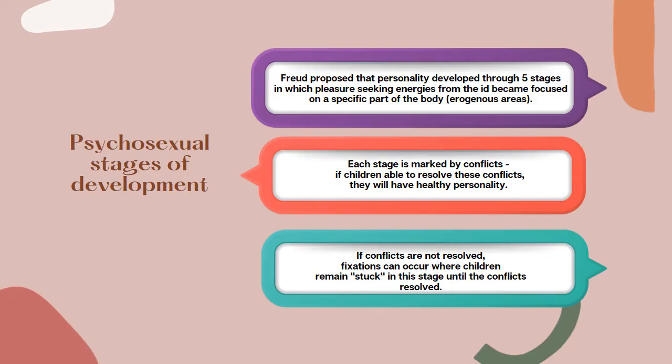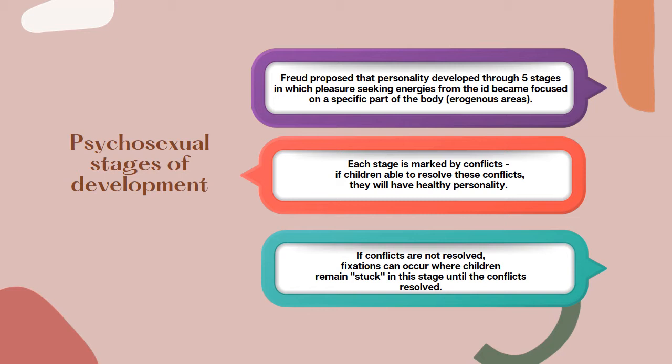Freud further explained that personality developed through 5 stages, which are called psychosexual stages of development. These psychosexual stages of development are related to the psychoanalytic theory. Freud said that through these 5 stages, the id became focused on a specific part of the body, which is called erogenous areas.